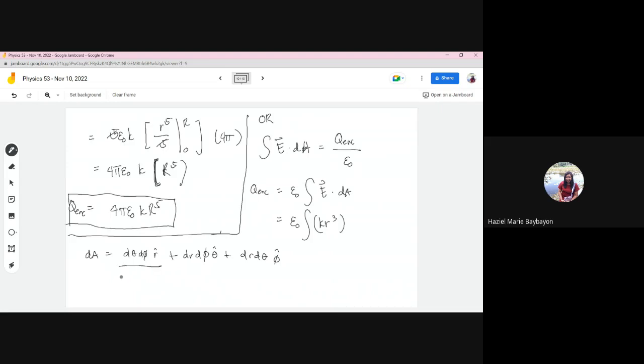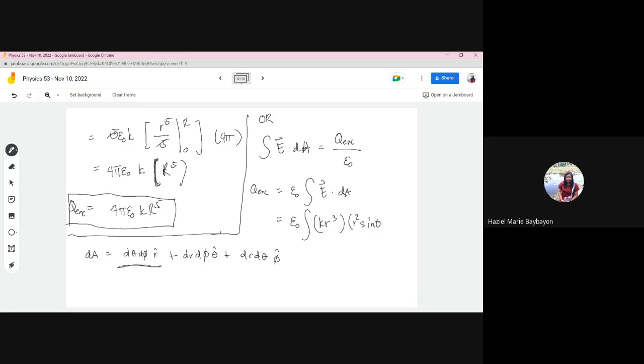The d theta part is r d theta, and then you have r squared sine theta.